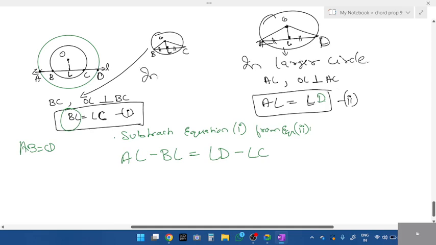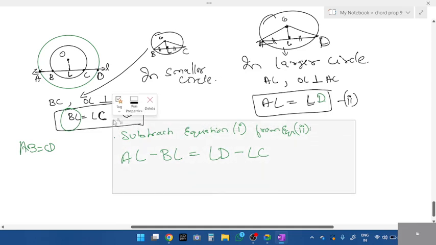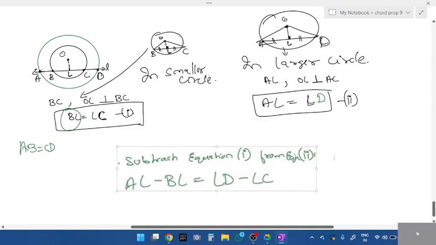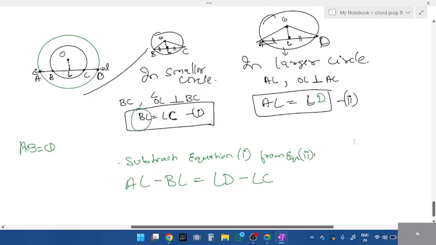Here you can write in smaller circle. Yes, fine, Anya.